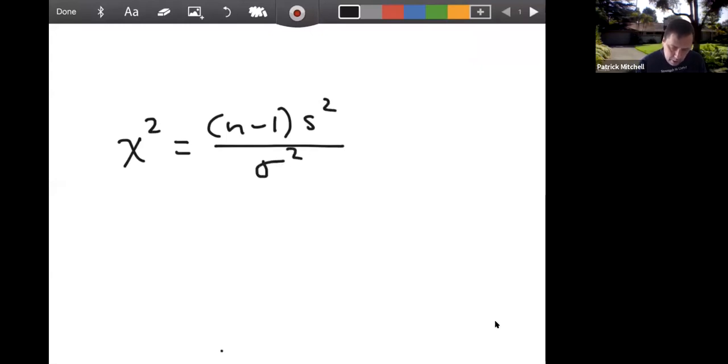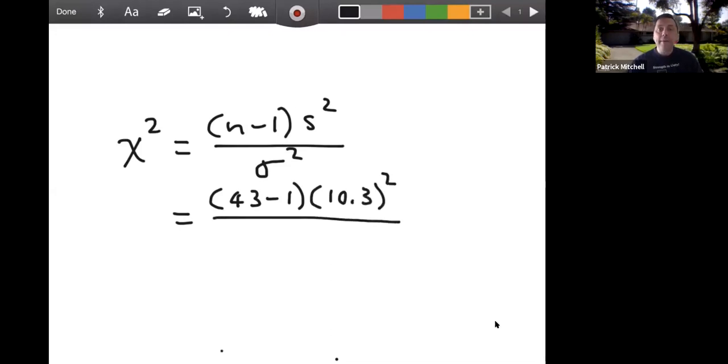So n is the size of the sample that was given as 43. s is the sample standard deviation that was given to be 10.3. And then sigma would be the standard deviation from the null hypothesis, so that would be 10.